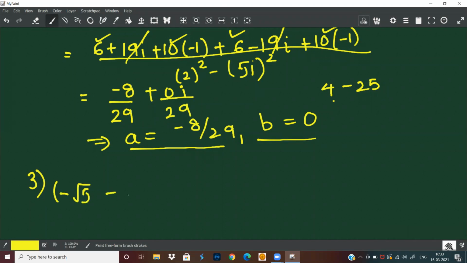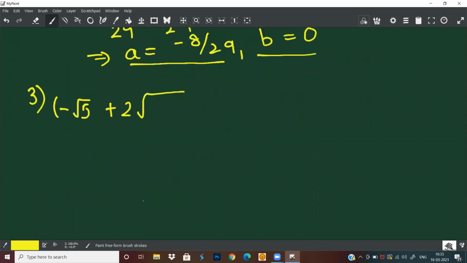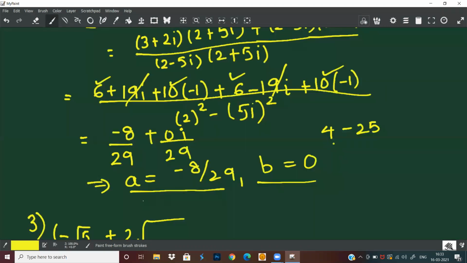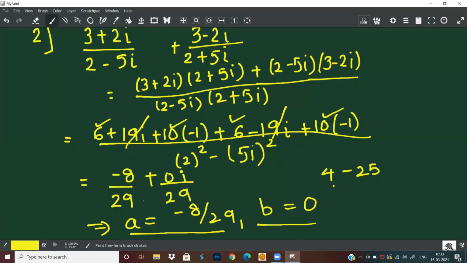Five I square is not 0. I didn't say that, Soham. Five I square is not 0.